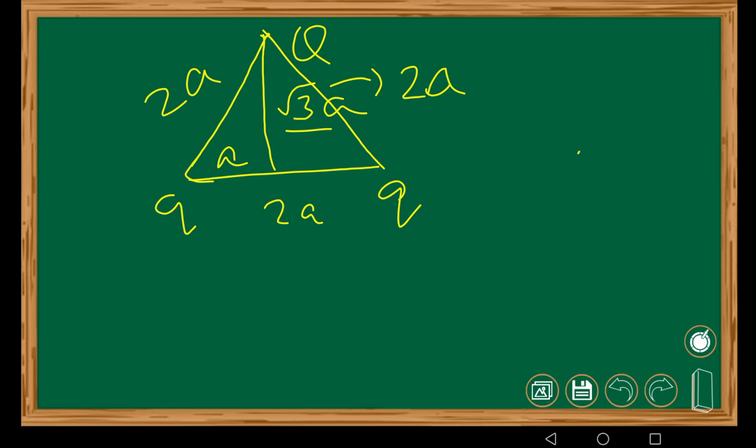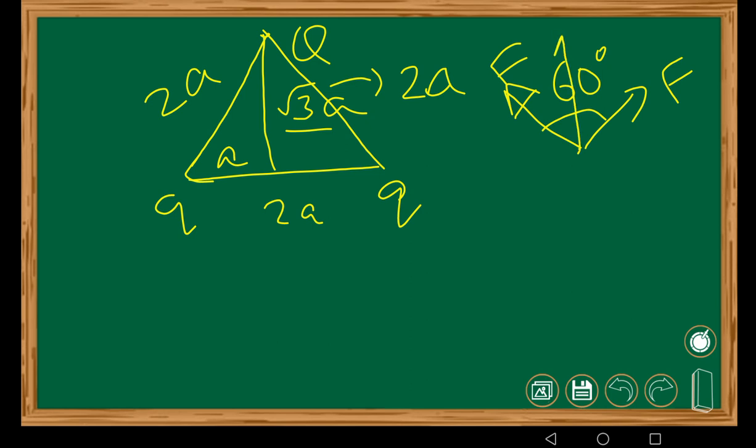If we draw the free body diagram of capital Q, we get one force here in this direction, F, and again the same force in this direction, meaning forces of equal magnitude. The angle between them is 60 degrees, so the resultant will be root 3 F.